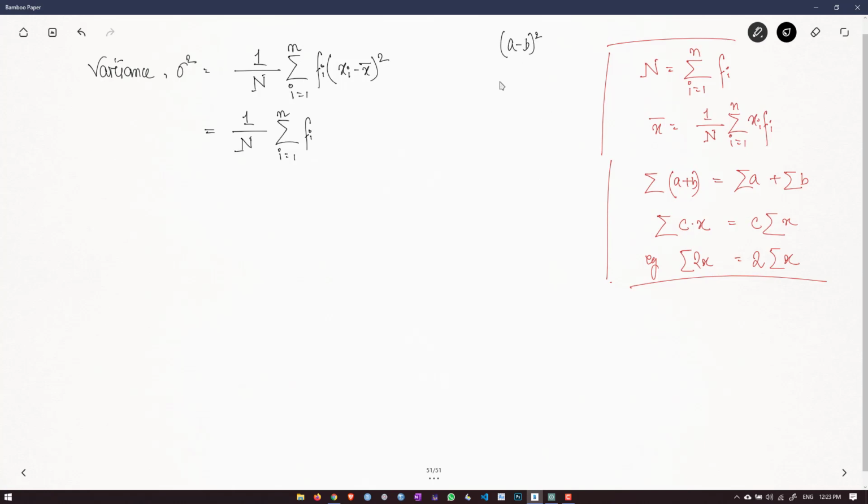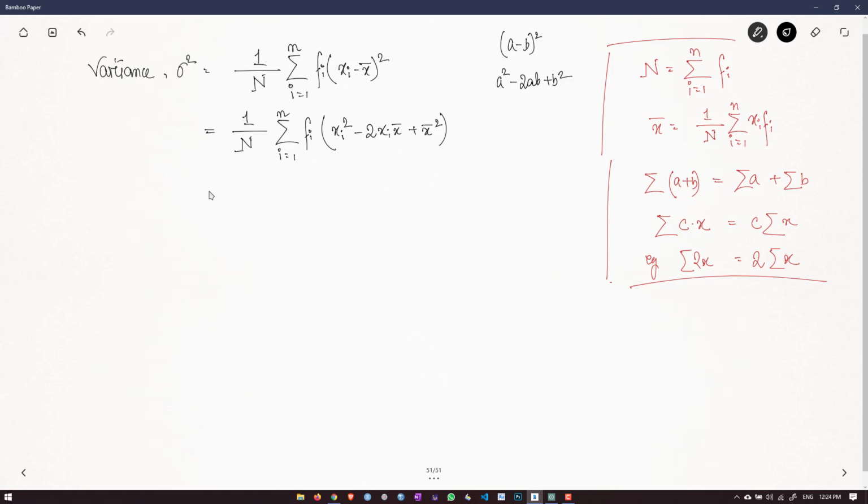A minus b whole square is a square minus 2 times ab plus b square. So this will be xi square minus 2 times xi into x bar plus x bar square. A square minus 2 times ab plus b square.